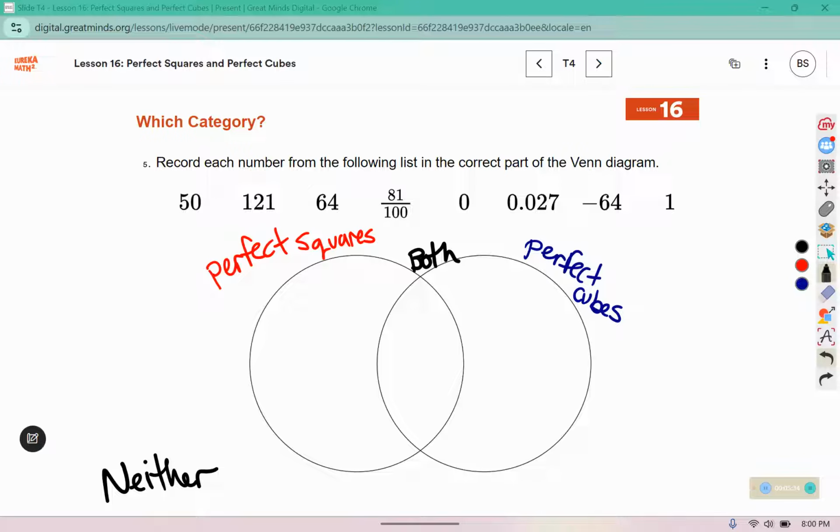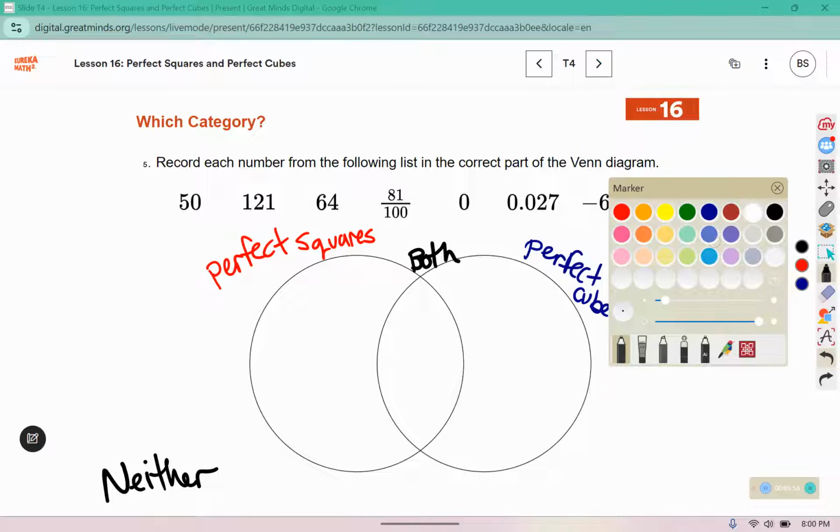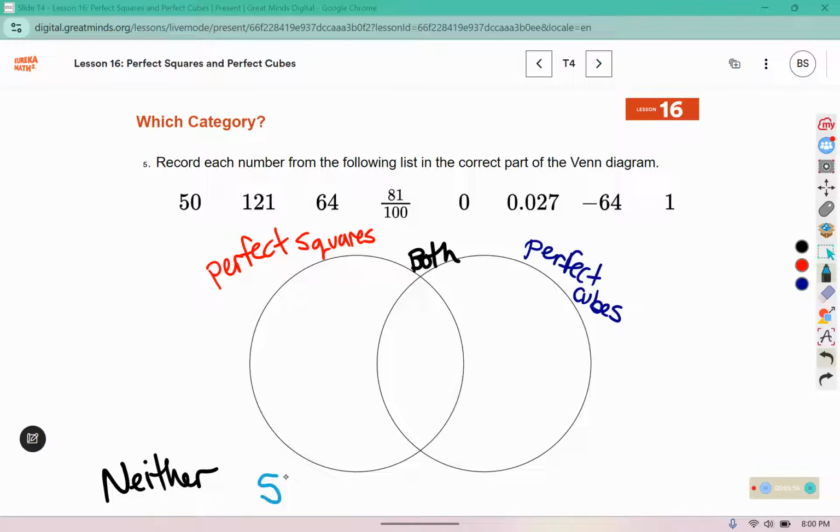All right, so 50. Do any two whole numbers multiply together to make 50? I know 7 times 7 is 49, but the next one would be 8 times 8, which is 64. So 50 falls into the neither category.